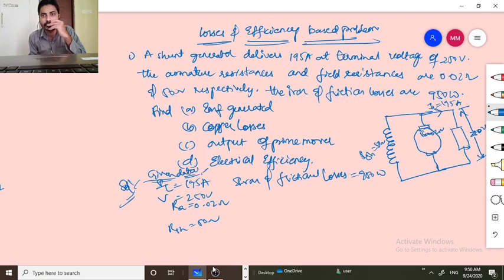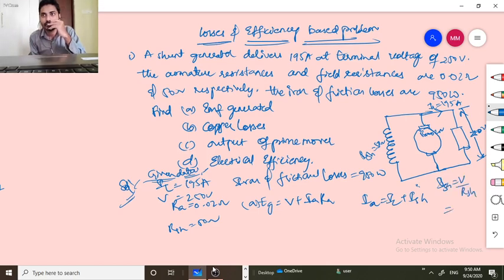So the first step is to calculate EMF generated. EG is equal to V plus IARA. According to the data given, we need to calculate IA first. IA is equal to IL plus ISH. In this ISH is unknown. So ISH is equal to V by RSH.